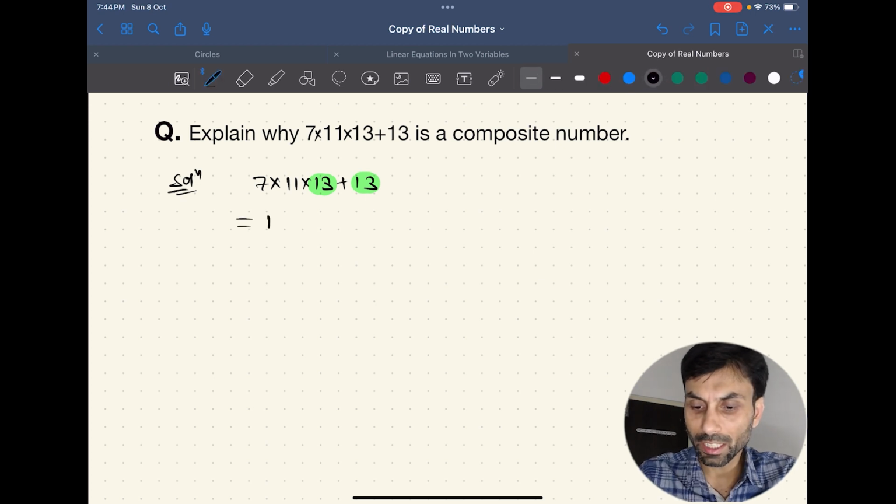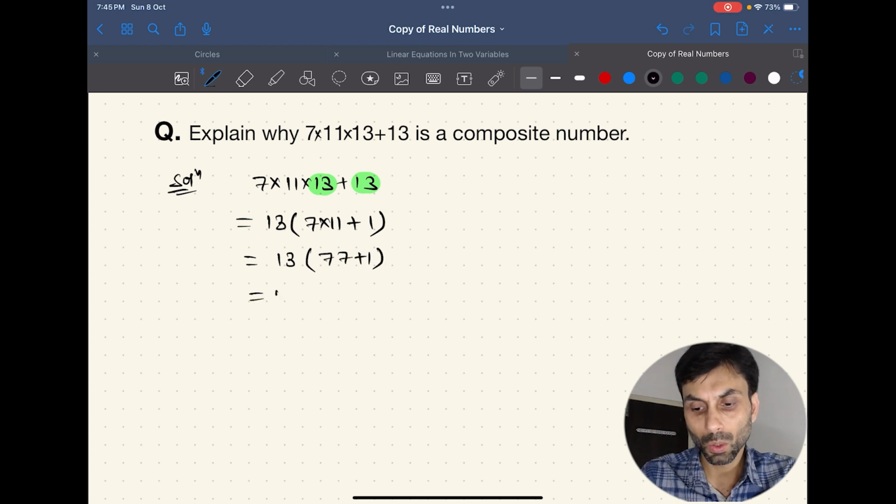If we take 13 as common, we get 13 into (7 into 11 plus 1), which becomes 13 into (77 plus 1), which is 13 into 78. If you want, you can further write it as 13 into 2 into 3 into 13.